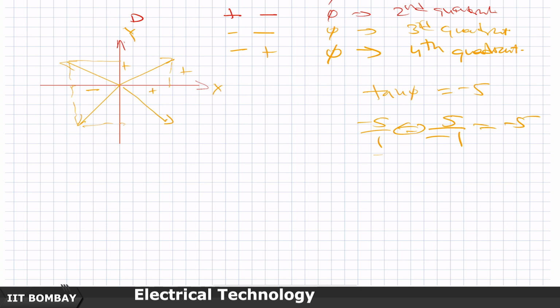Similarly, if I say 5, 5 can be 5 by 1 or it could be minus 5 by minus 1. But minus 5 by minus 1 will bring the resultant vector in the third quadrant, while 5 by 1 will bring it in the first quadrant.